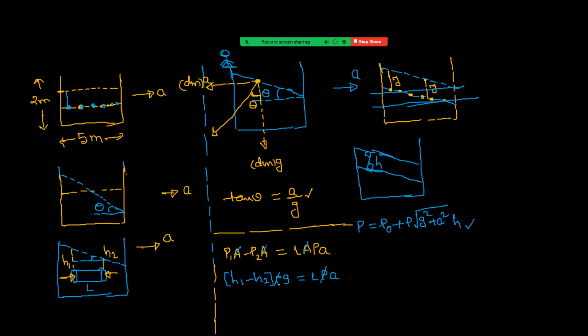H1 minus H2 upon L is equal to tan theta, and tan theta equals A by G. So we got the same thing.